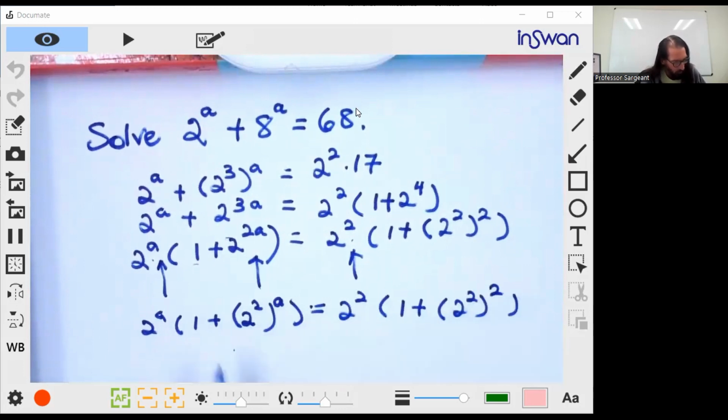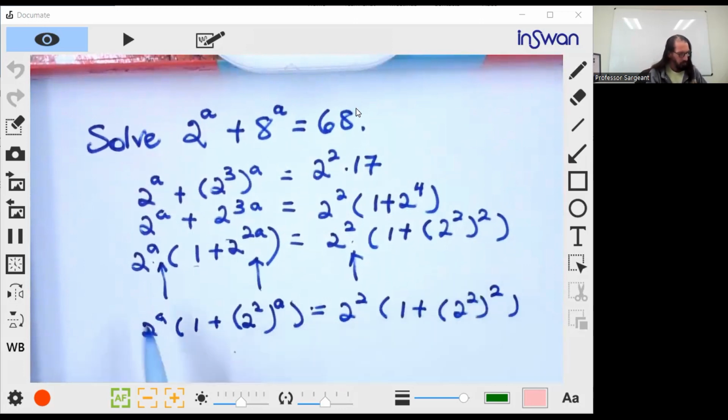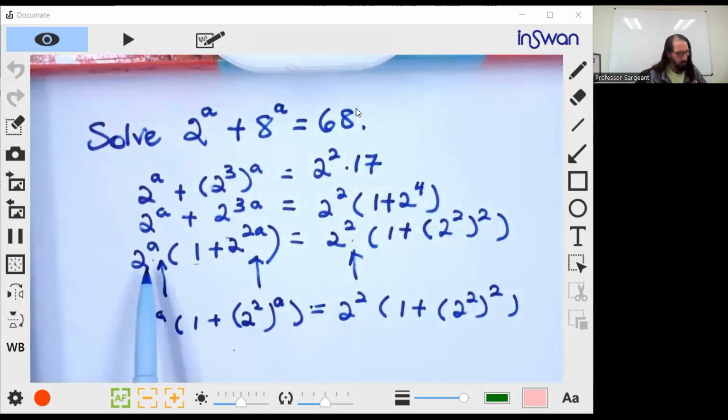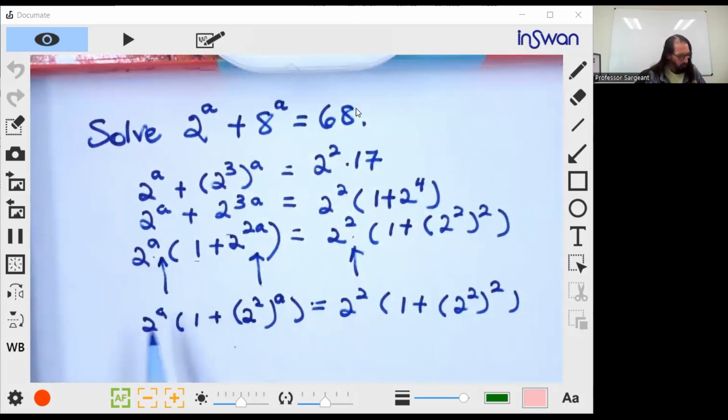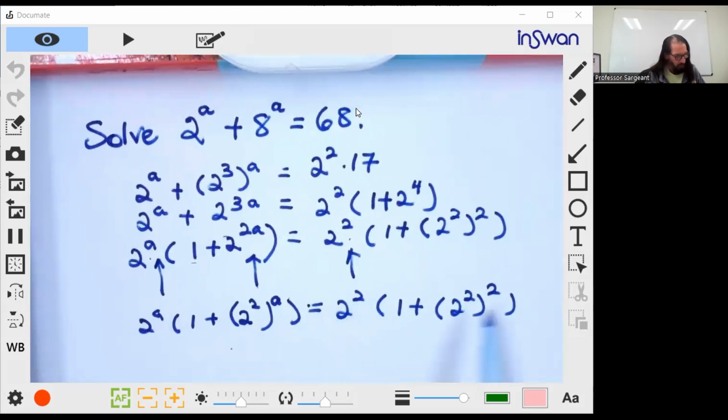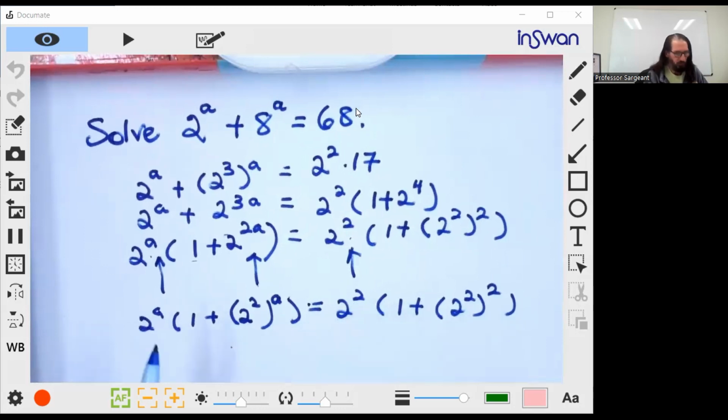And so I have a here and here, matching up with the a here and here, giving us a equals 2.